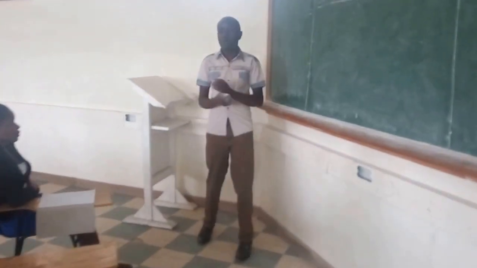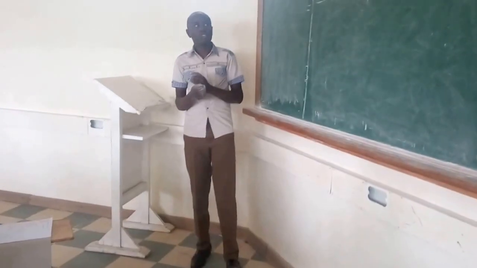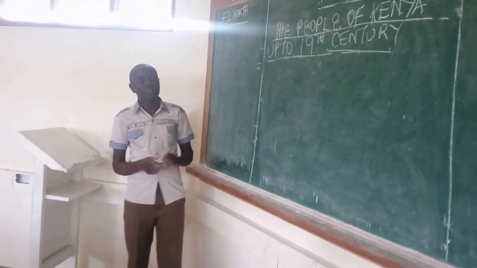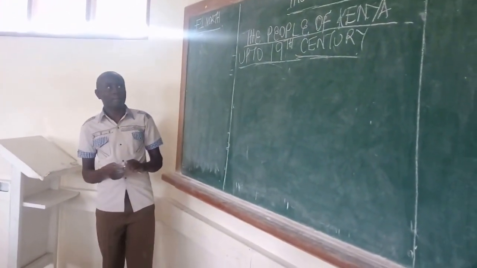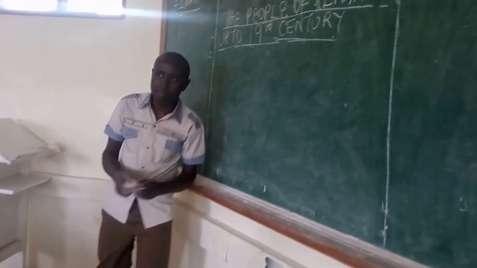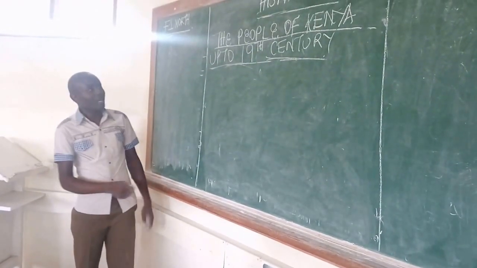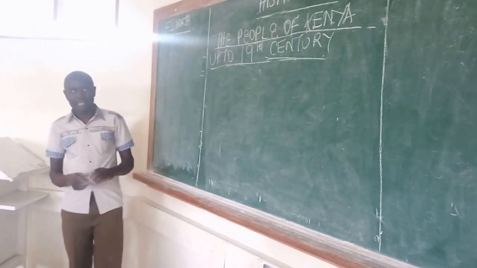Now, today we are going to look at the people of Kenya up to the 19th century. When we mention people of Kenya, we are simply referring to three linguistic groups in Kenya.